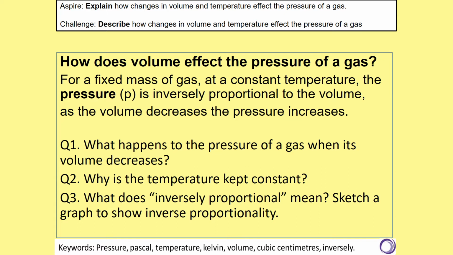So what happens to the pressure of gas when the volume decreases? Why is the temperature kept constant? And what do we mean by inversely proportional? See if you can draw a graph. It's the same as what it's like in maths.